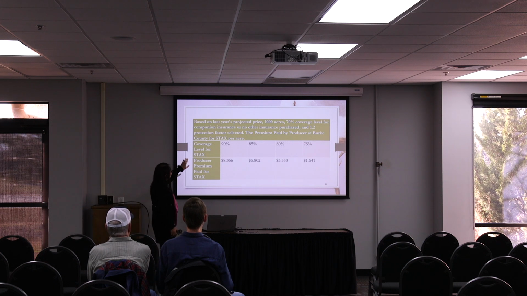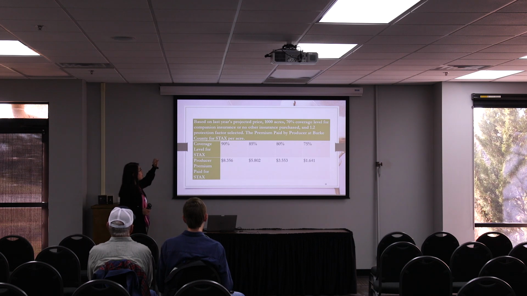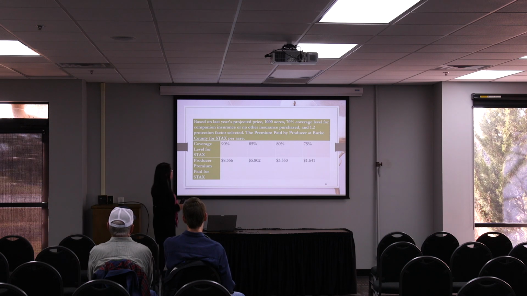So this is Burke County. There are some basic assumptions: 1,000 acres, 70% coverage level for their companion insurance, which includes yield protection, revenue protection, and revenue protection with harvest price exclusion, or the producer doesn't have any other insurance purchase. And also a 1.2 protection factor.